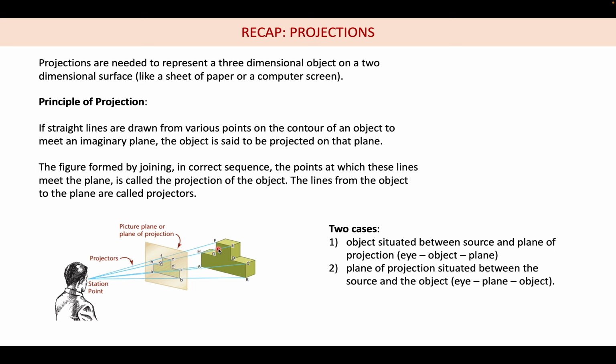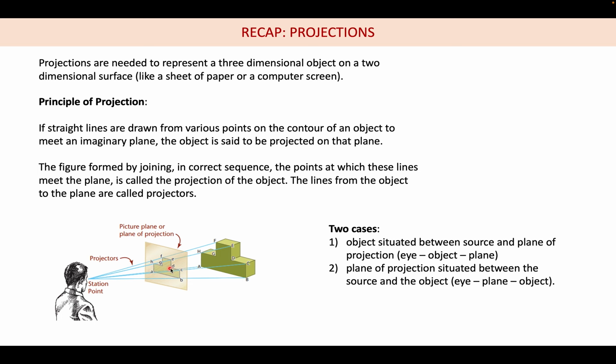Here we have an object, a plane of projection and an observer. These projectors are nothing but the straight lines drawn from various points on the object, and they are projected onto this plane of projection. Whatever image is formed in this plane of projection is called the projection of the object.